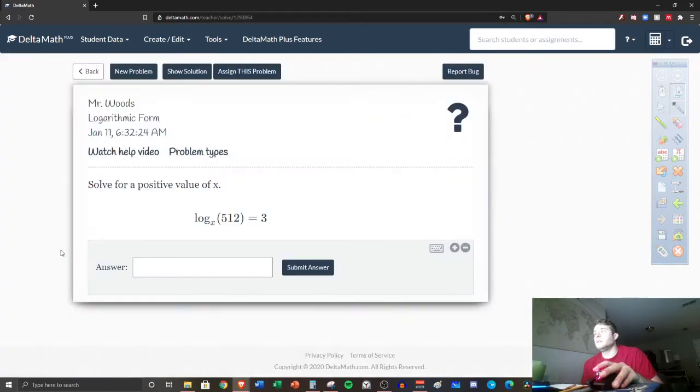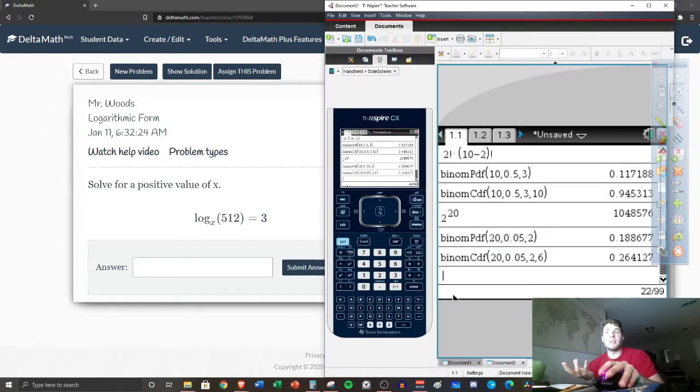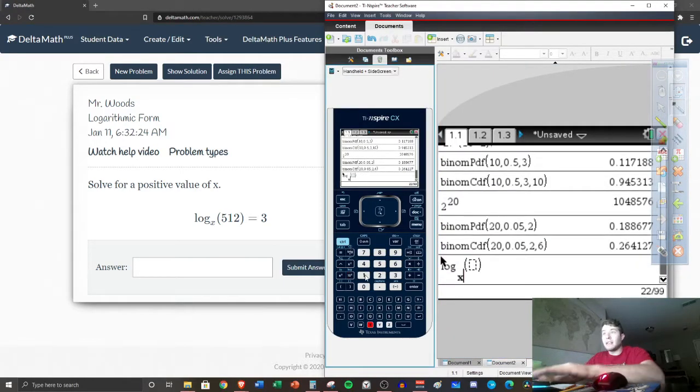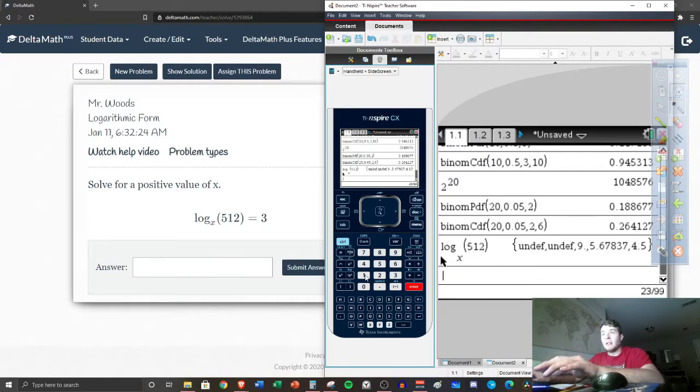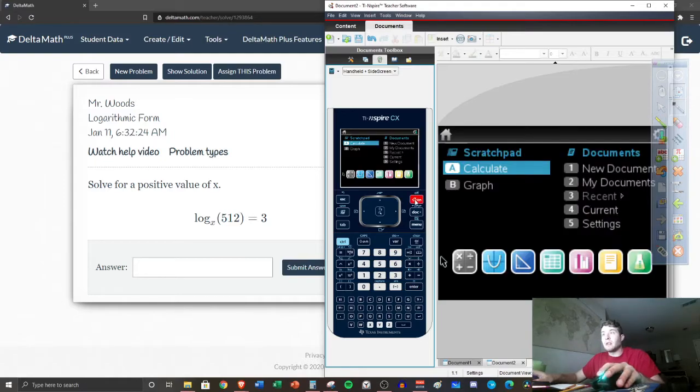Next, we have this logarithmic form. Here, you're given the log equation, and you need to solve for x in whatever way you need to do it. Now, obviously, we have to change this because there's no way on your calculator that you're going to be able to type in an x to get an answer.